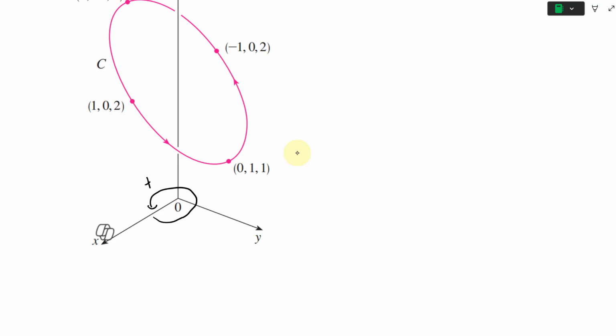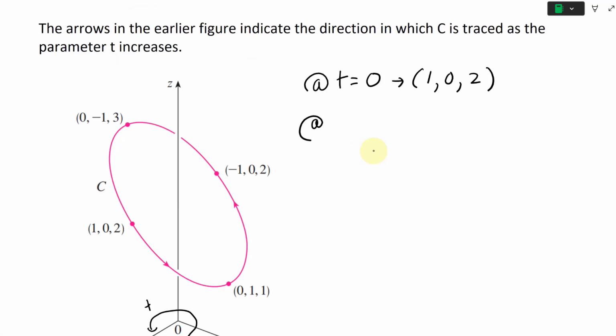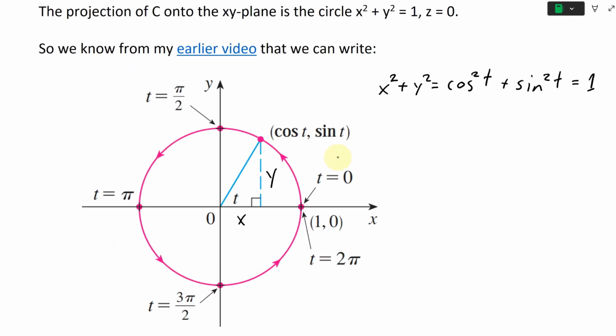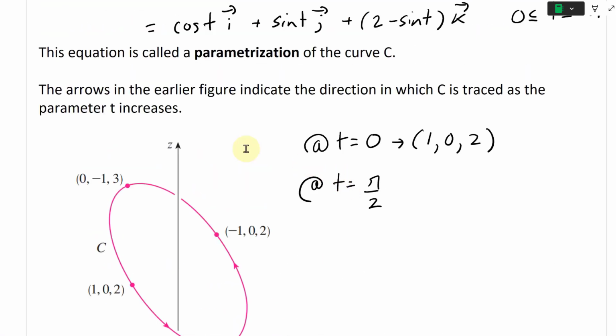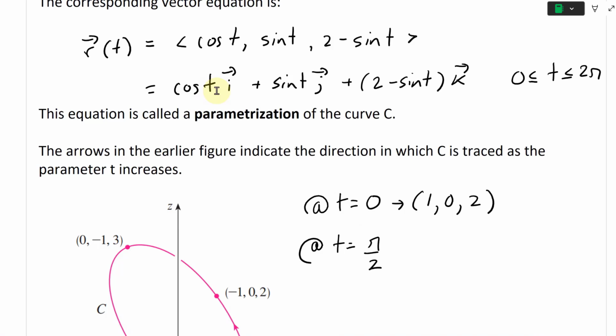The next one, we'll solve it right now. Let's go at t equals pi over 2. That's 90 degrees, so that's at 0, 1. When you plug this in at pi over 2, cosine of pi over 2, the cosine of 90 degrees, becomes 0. Sine becomes the maximum, 1, and then 2 minus 1 is just 1.